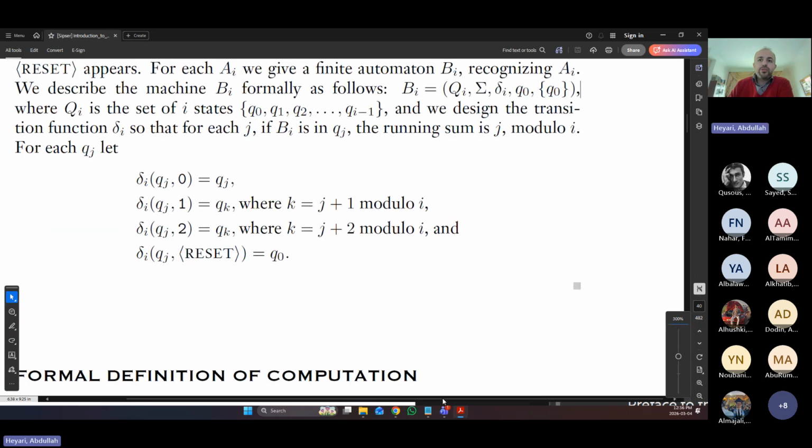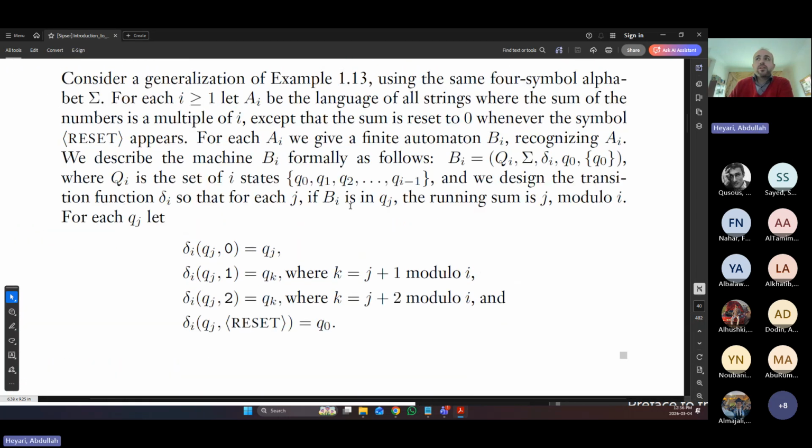But what would change is that here we have Q_I, the set of I states. Those are the I states.